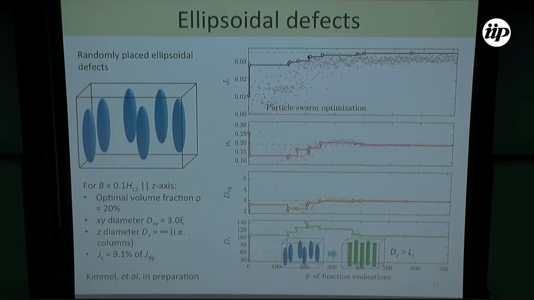Surprisingly, if you consider this under magnetic field applied in this direction and current applied in this direction, during the optimization process they evolve to columnar defects. So at the end, the diameter in z direction is bigger than the system size all the time. So we end up with columnar defects with almost the same volume fraction as for spherical defects.